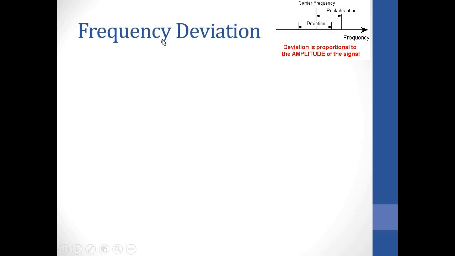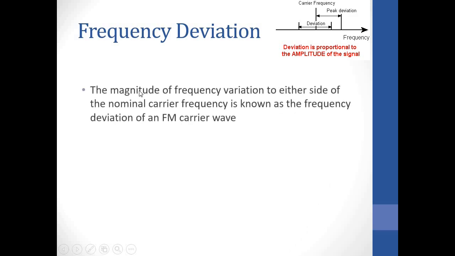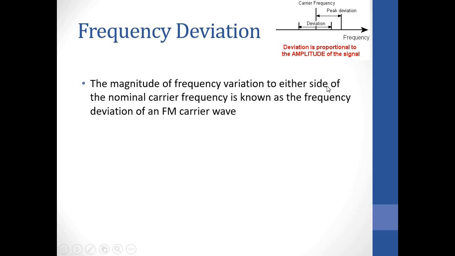Now, let's look at some terms that are being used. First of all, we've got what we call frequency deviation. The magnitude of frequency variation to either side of the nominal carrier frequency is called frequency deviation. So let's go back a little bit.